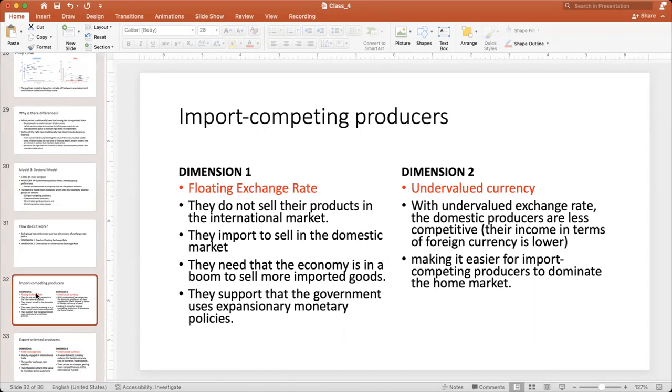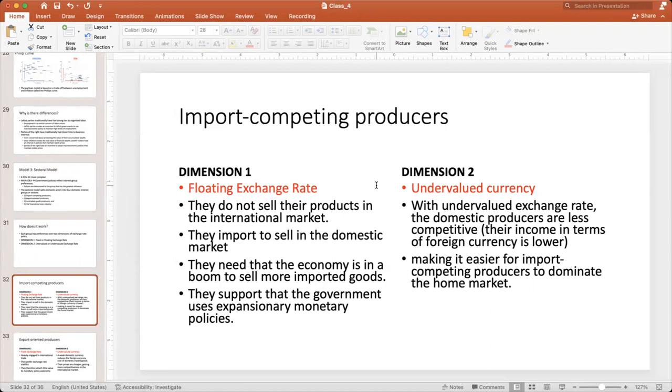That's why they support the government using expansionary monetary policies to create more employment, to get more income, to give money to people. If this is the case, households are going to demand more, not only domestically, but imports as well. So that's why they prefer a floating exchange rate.